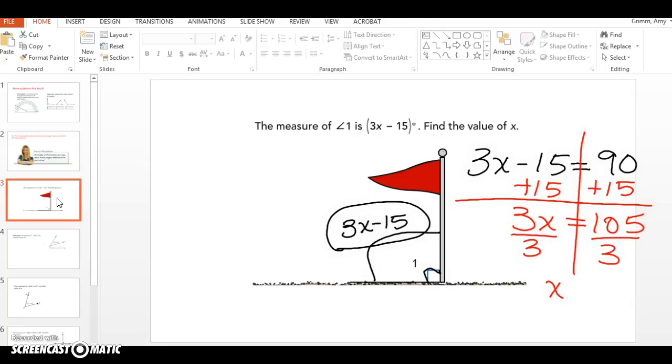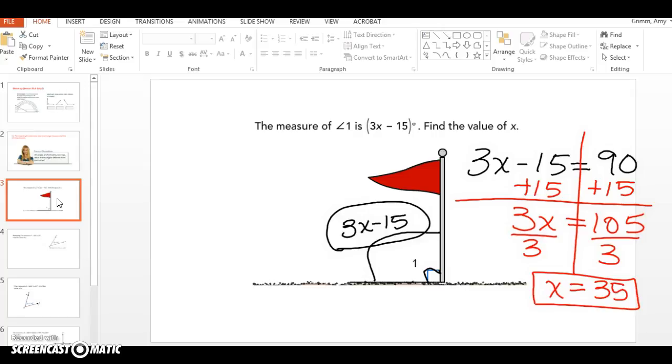All right, what is 105 divided by 3? Somebody with a calculating device? Yes. 35 exactly? All right, and so we're going to say x is 35. We just found what x was.